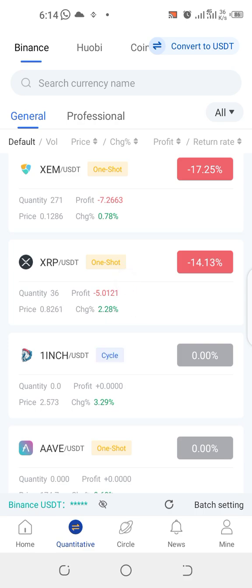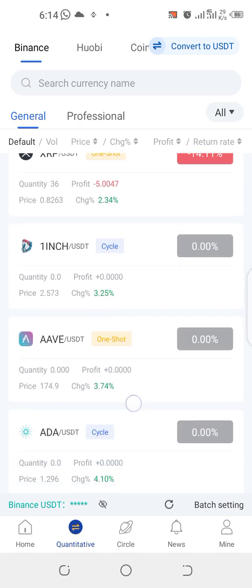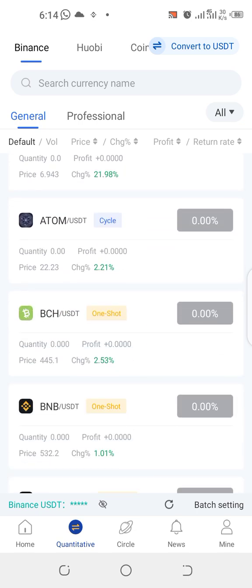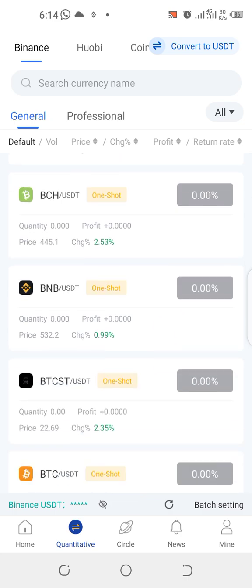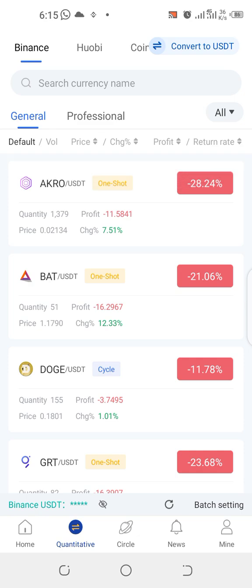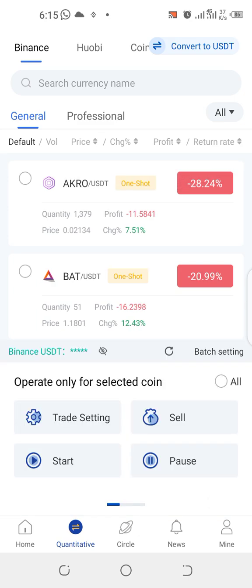So knowing that, for example, I've used 150 USD to set up one coin, if I have 1,500 USDT in my account, I can't trade more than 10 coins. So I'm going to set up trade on 10 coins. But before I end that, I just want to show you that you can also make settings for all the coins at a go by clicking on batch setting.